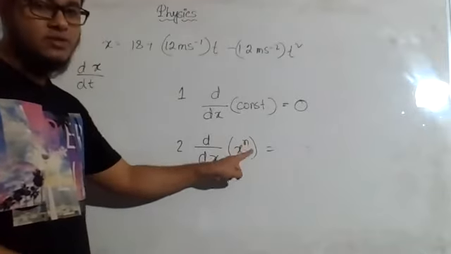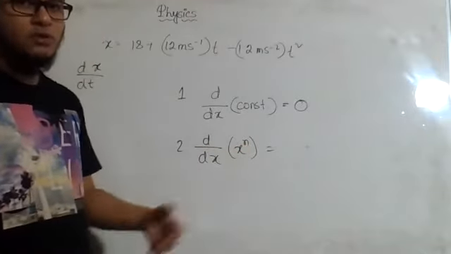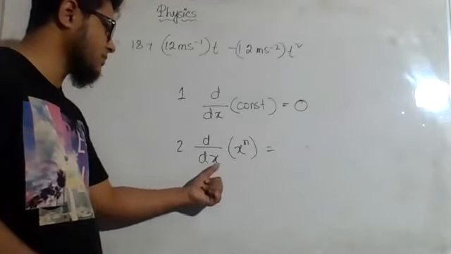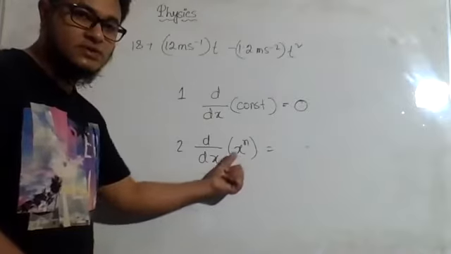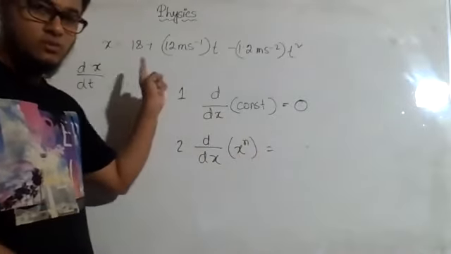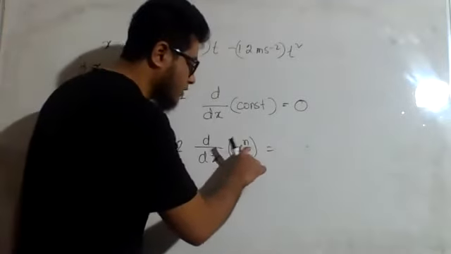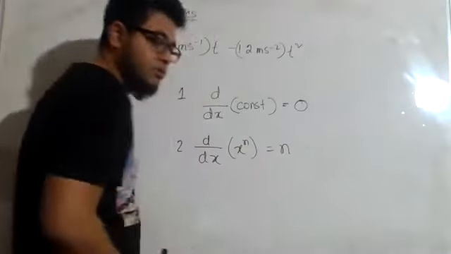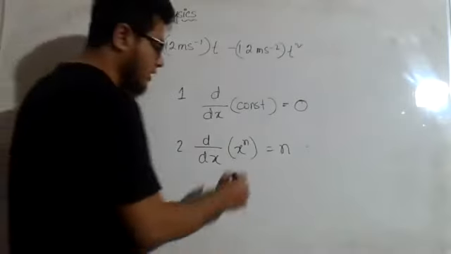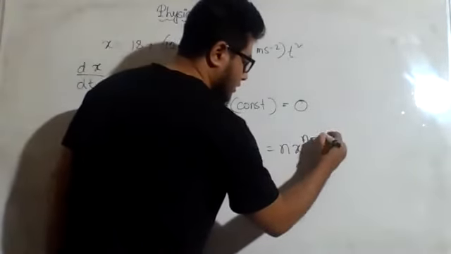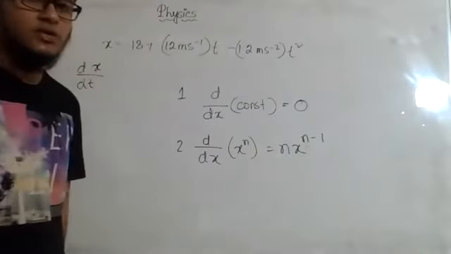The power might be different, it might be a number or anything else, but with respect to x, I'm differentiating x to a power. If it is the same, then only we can apply the formula. So this power we will write first, then we will write x, and the power will be reduced by 1.